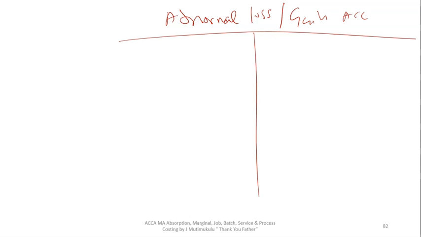So we can then come up with the abnormal loss or gain account, because we are dealing with the abnormal gain situation now.